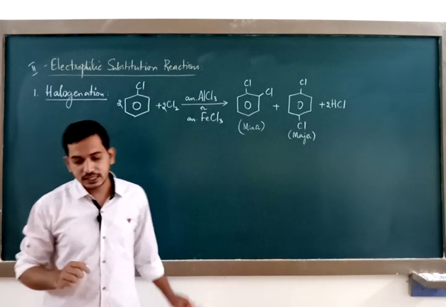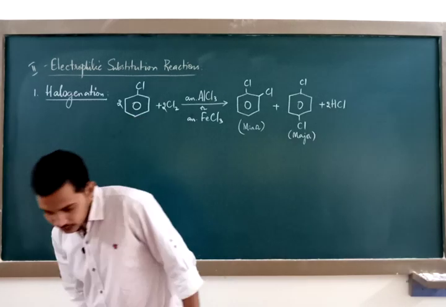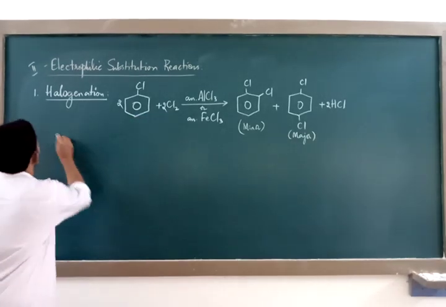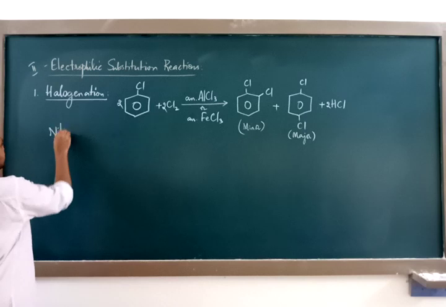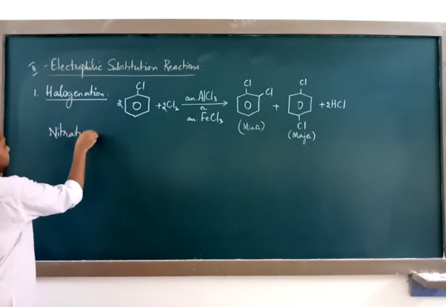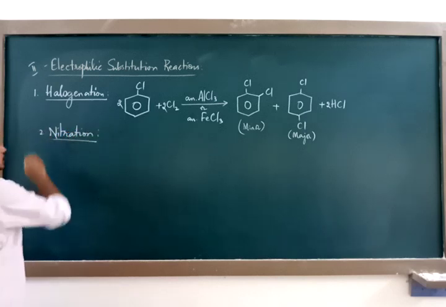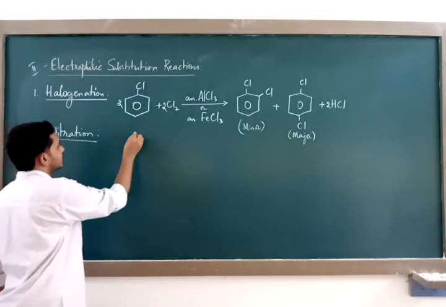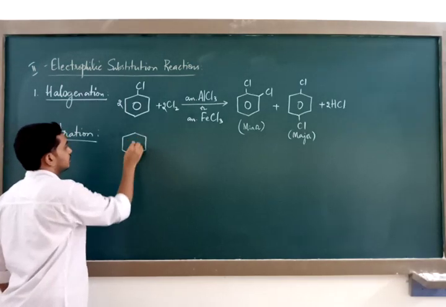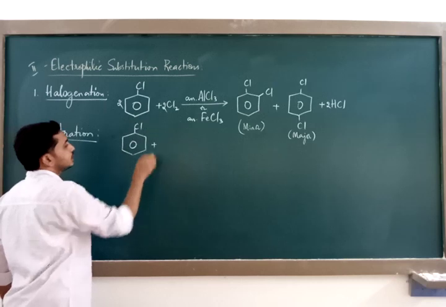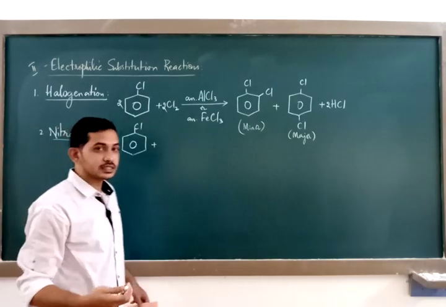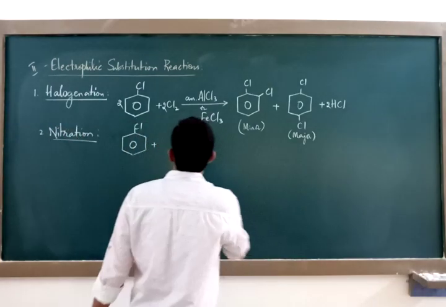Understood? Now let us see the second example, which is nitration. In nitration, the same chlorobenzene is reacted with, for nitration you need a nitrating mixture. What is nitrating mixture?